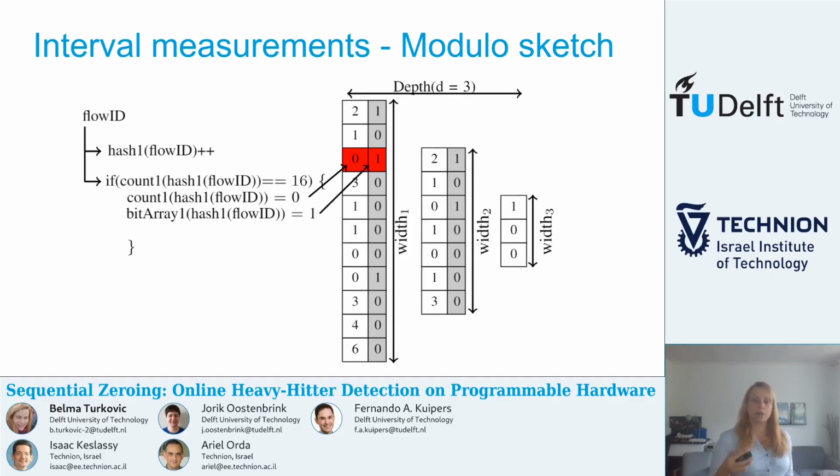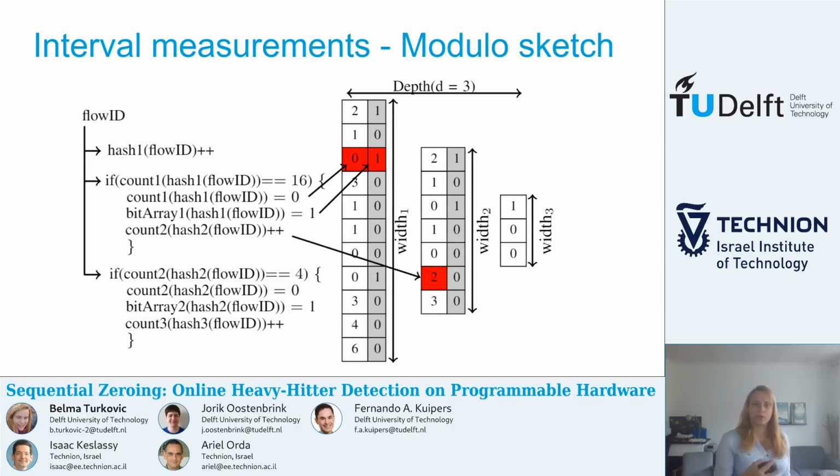The bit array value associated with this count in the first table is also set to 1, and the count in the next stage is increased. So this second stage now counts in multiples of the threshold of the first stage. So each count from the second stage is worth 16 counts, basically.